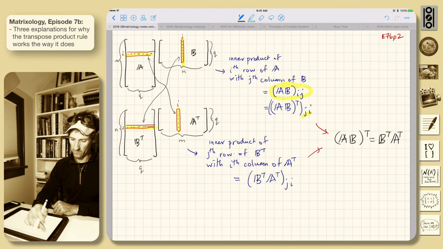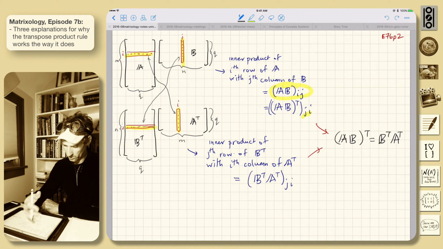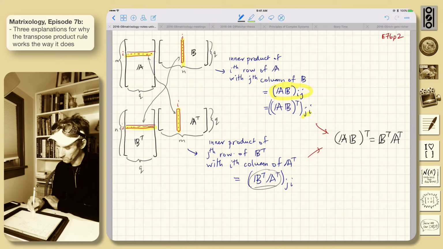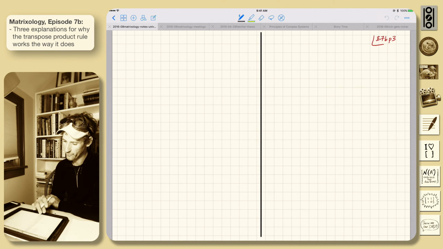This inner product of this row with this column is the same as this one with this one, because they are the same beasts. And so we just figure out what they are, and we get that one of them is the JI entry of B transpose A transpose, and the other is the JI entry of AB, all transpose. So that's very similar to what we just did.